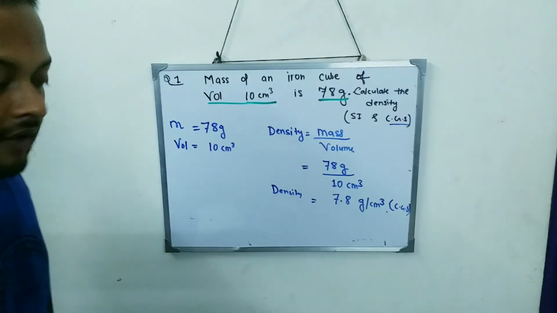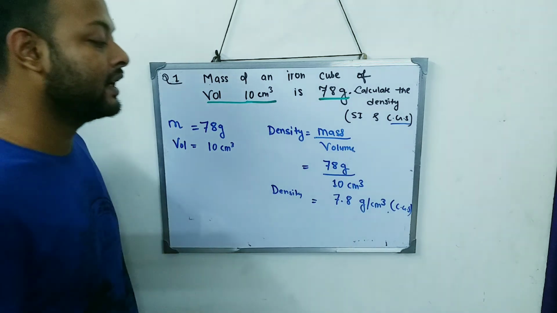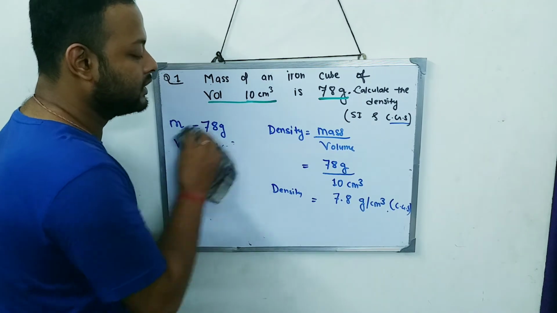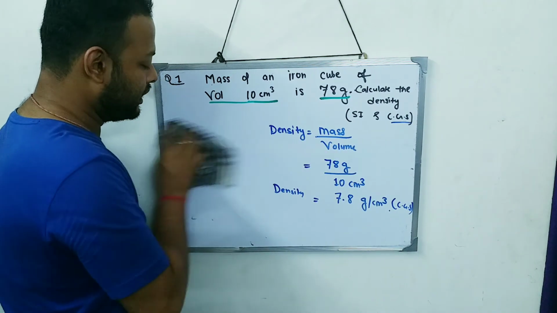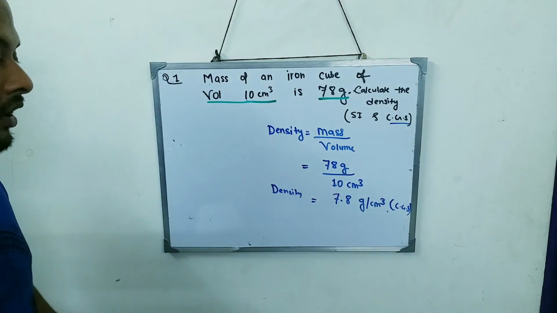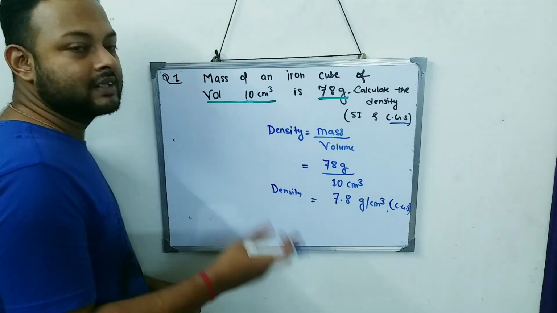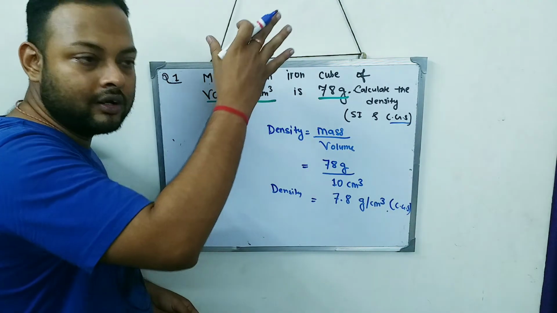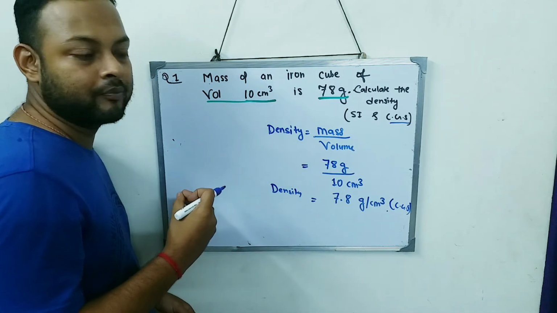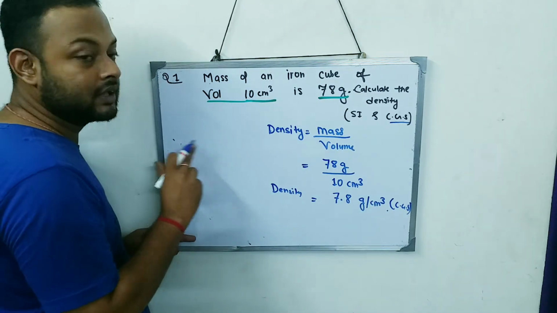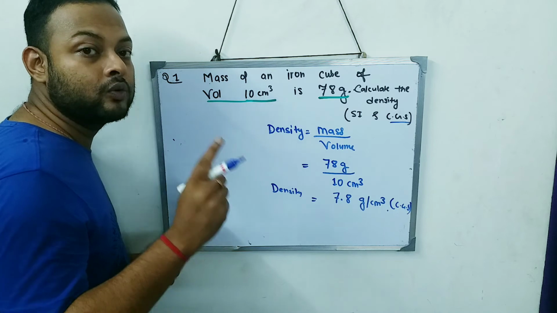But I also have to get the answer in SI unit. So how to get the answer in SI unit? Before the sum, I did one derivation, and in the last part of the derivation, I told you it is very important for the sums.